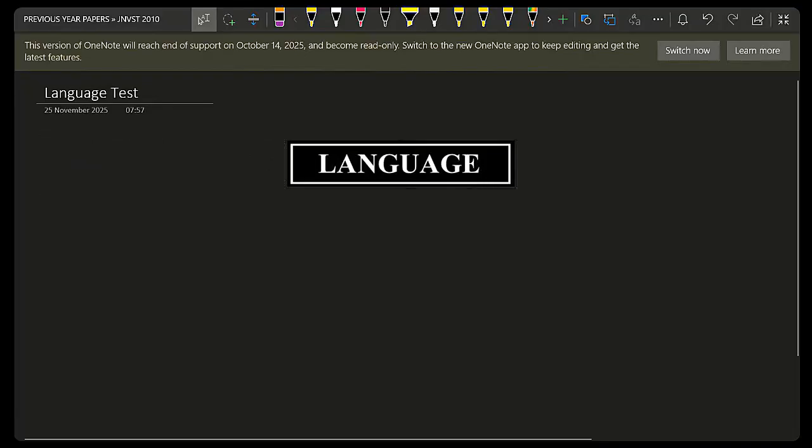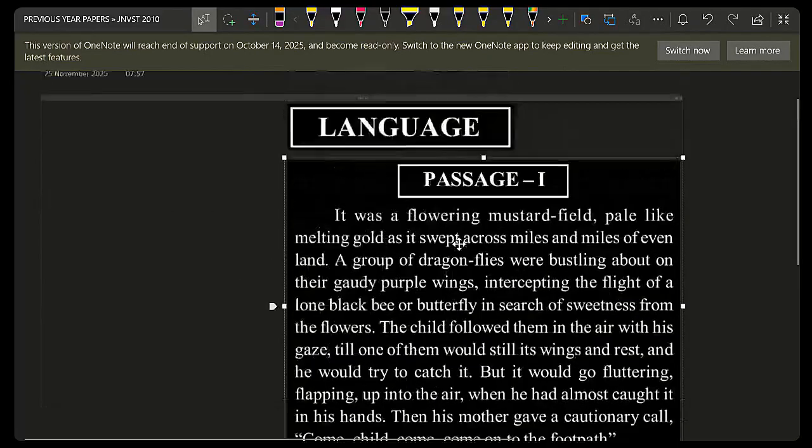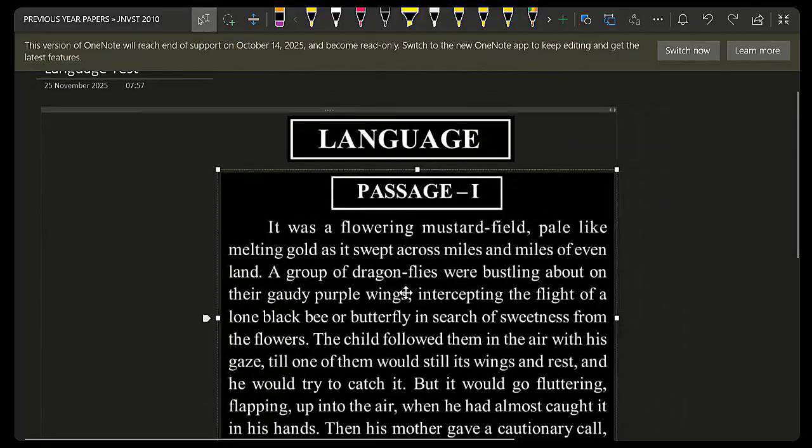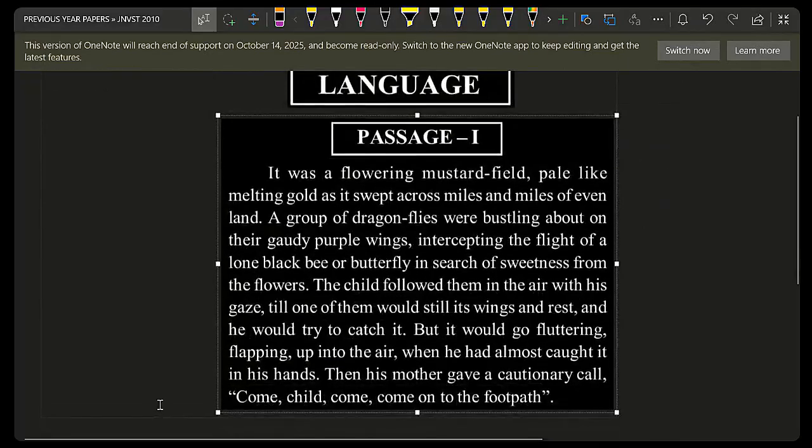So, language. First, we'll go with passage 1.